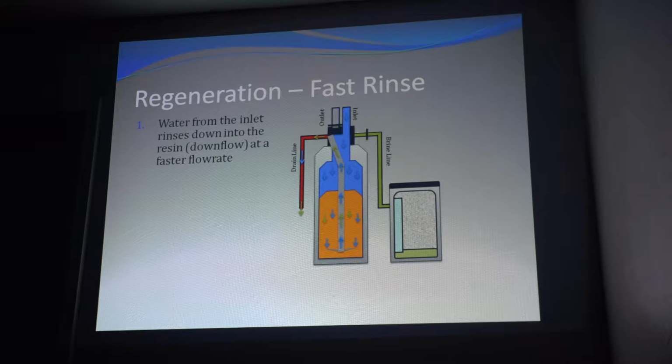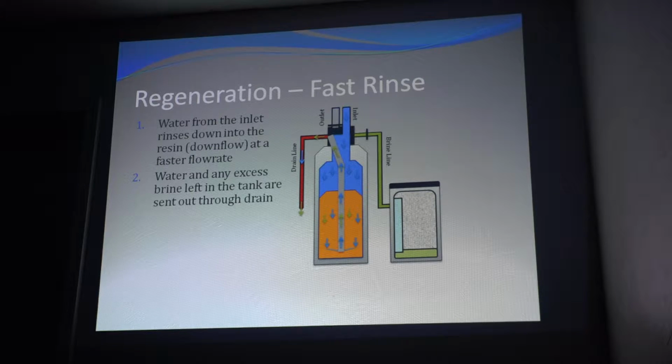Okay, fast rinse. Water from the inlet rinses down into the resin, downflow at a higher rate, and usually the fast rinse flow is controlled by the drain line flow control for backwash. So your fast rinse rate usually is the exact same flow rate as your backwash flow rate.